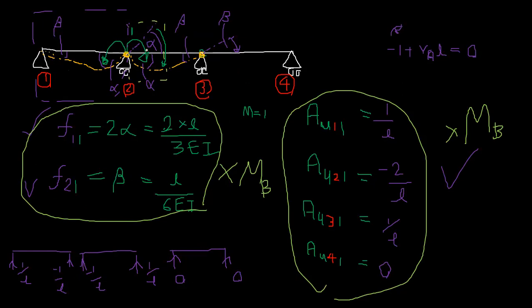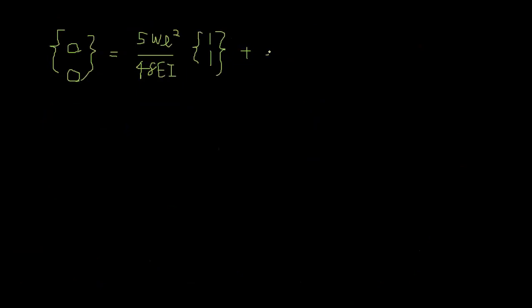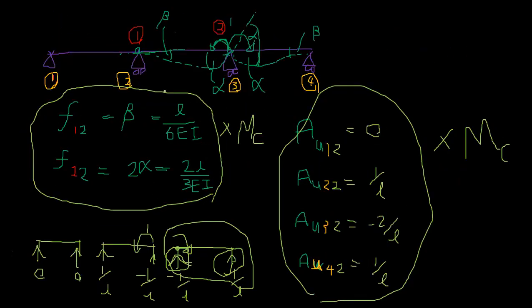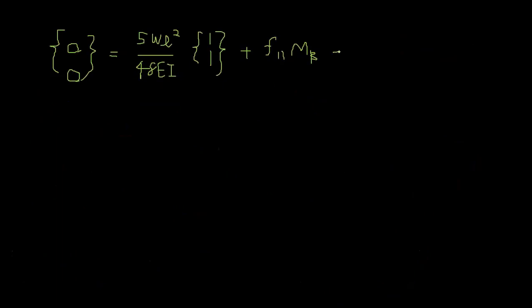So it is F11 into MB, plus from the second structure you have F12 into MC. Right.